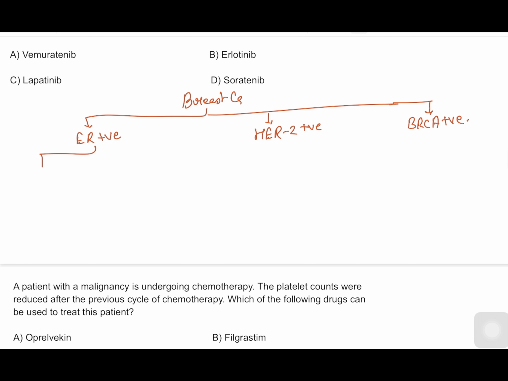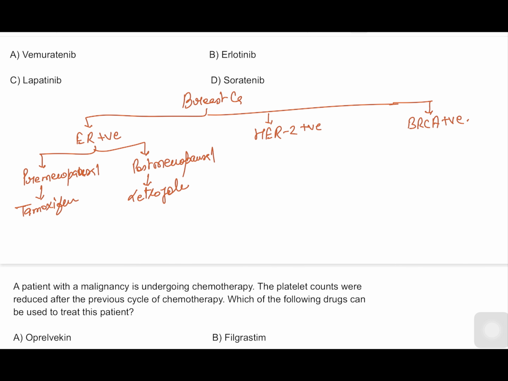Okay? If it is ER positive, then the treatment depends on whether the female is premenopausal or postmenopausal. If the female is premenopausal, we will be using tamoxifen. If she is postmenopausal, then we are using letrozole.